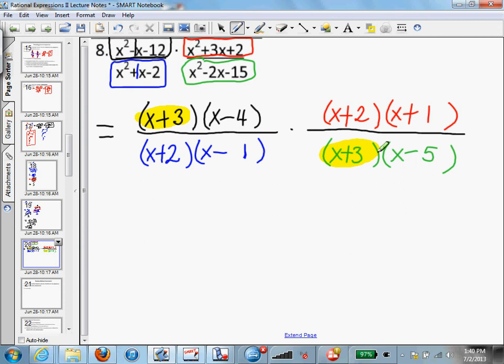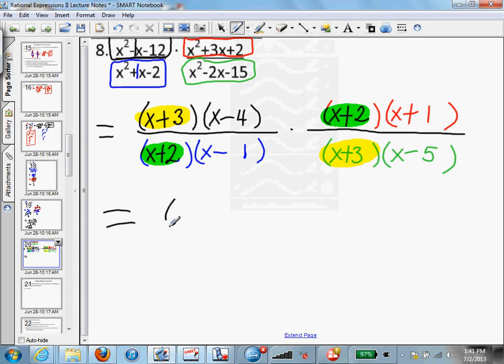So these are canceled out. Okay, x minus 4 only occurs one time. Looking at the bottom, we have x plus 2 occurs here, and it occurs diagonally across from it. And everything that's highlighted here simplifies.